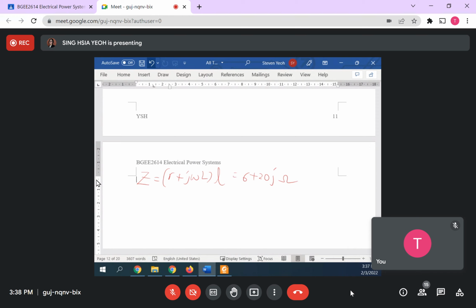Okay. Then the receiving end voltage VR will be equal to 220 over root 3. So they get 127 angle 0 degree V line to neutral.